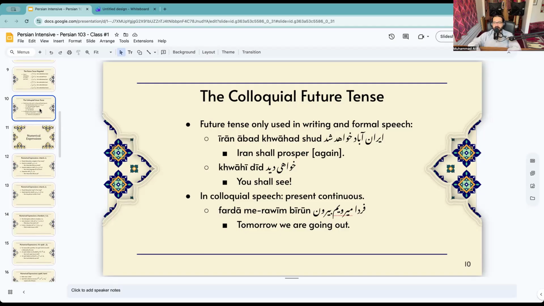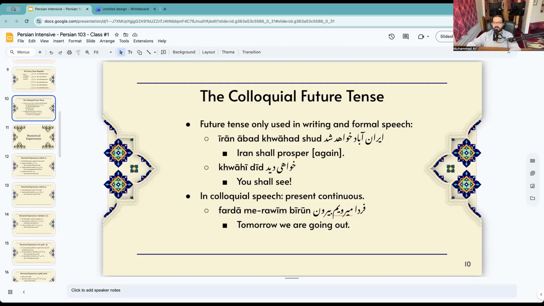But to give you examples of when people would say this in spoken speech, someone might be talking about the country Iran, and they might say, Iran abad khahad shod. Iran abad, settled. We saw this already, like in Abadan, Hyderabad, etc. Settled, prosperous, etc. Again, it shall be. Iran shall again be prosperous. Khahad shod, shall be. So the verb here is shodan, to become.